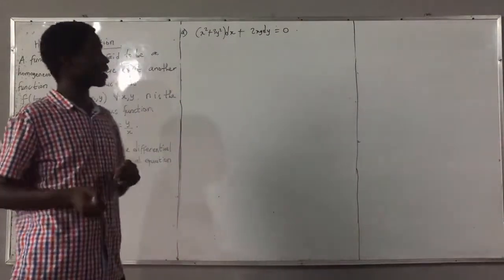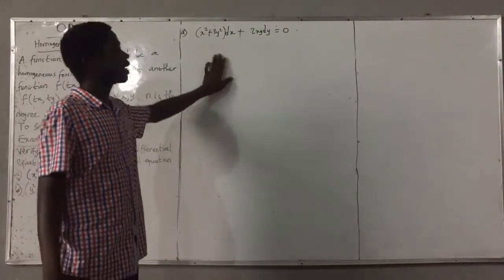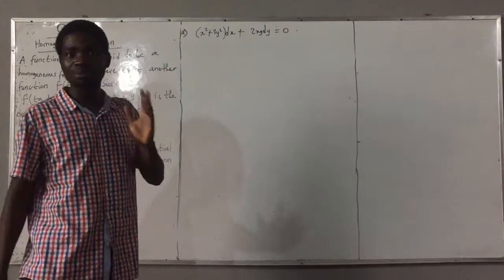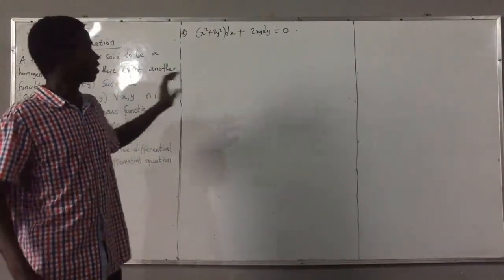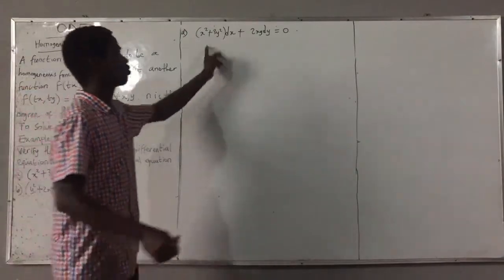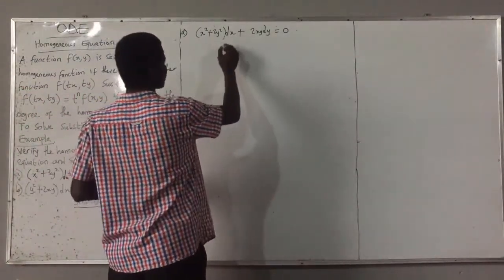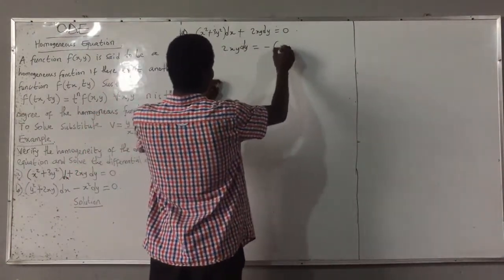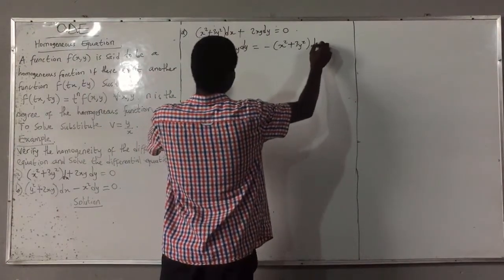Actually, if you are in the examination hall, the first thing for you to do is that you should check whether the differential equation is variable separable. If it's variable separable, use variable separable and solve the differential equation. If it's not variable separable, you will now come and check whether it's homogeneous. Now look at it. I have 2xy dy, bring this one to the other side, I have minus x squared plus 3y squared dx.